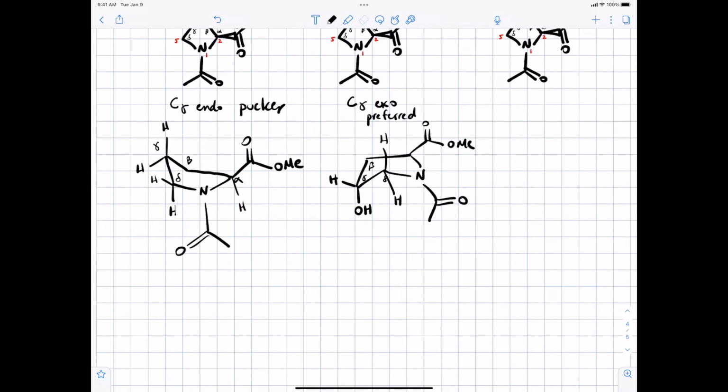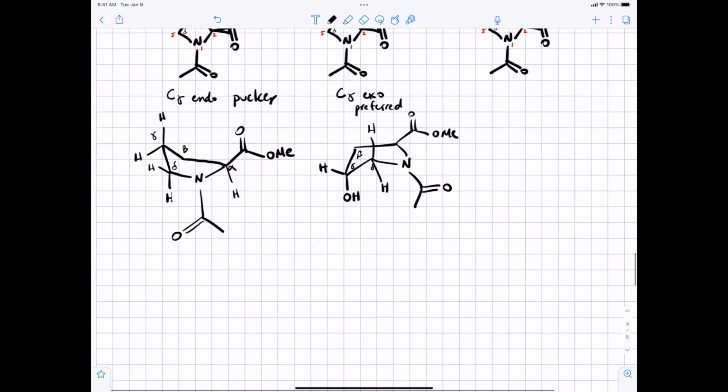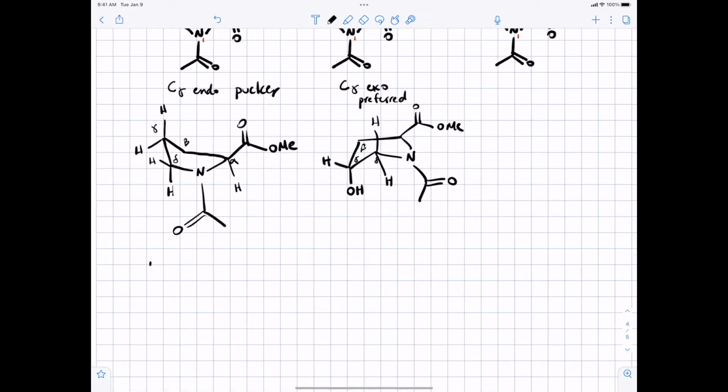And actually, since we've drawn what the C gamma endo pucker looks like, let's imagine if 4-hydroxyproline was in the C gamma endo pucker. In that case, this carbon hydrogen bond would be a carbon oxygen bond, and it would be pseudo-equatorial.